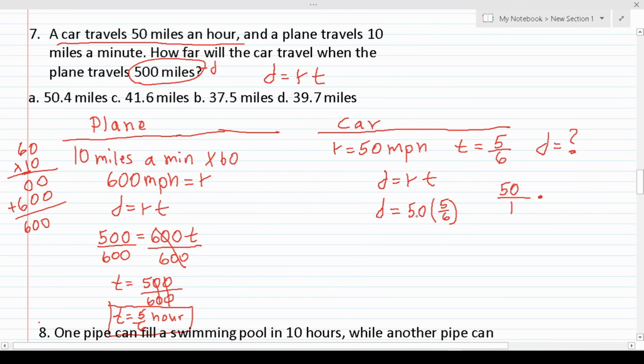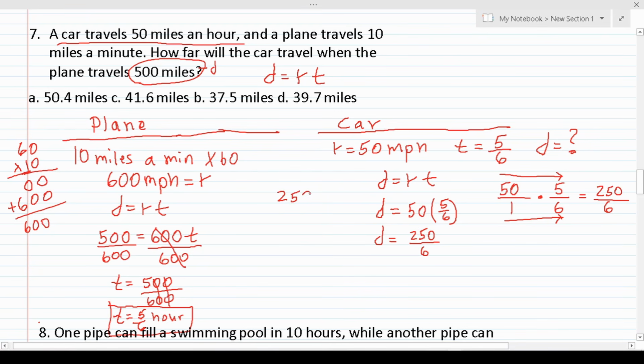So to make 50 a fraction, we write 50 over 1. Again, that's times 5/6. When you're doing multiplication with fractions, you multiply straight across. 50 times 5 is going to be 250. Again, that's divided by 6. So in other words, the distance is going to be 250 over 6 miles.